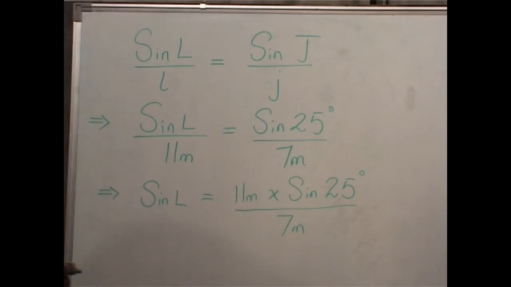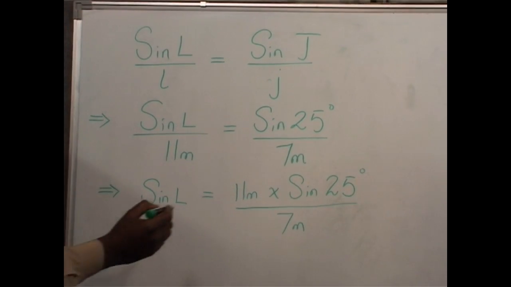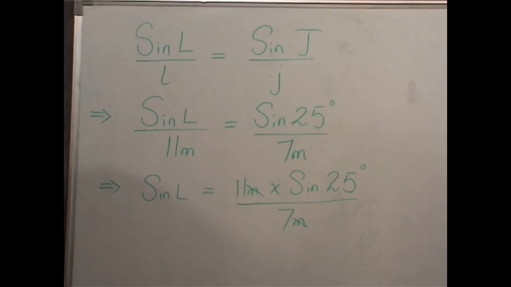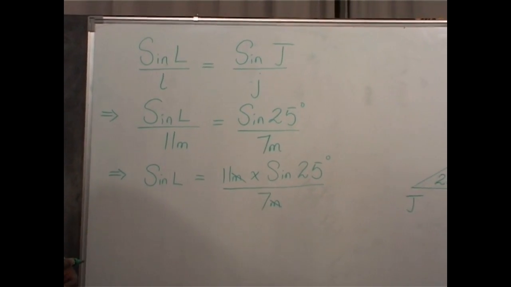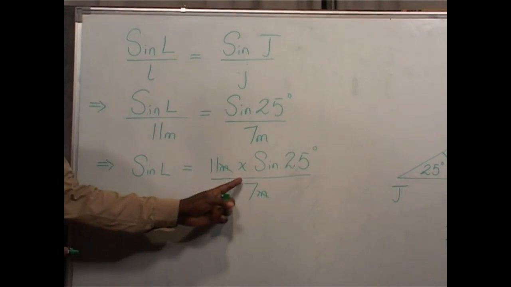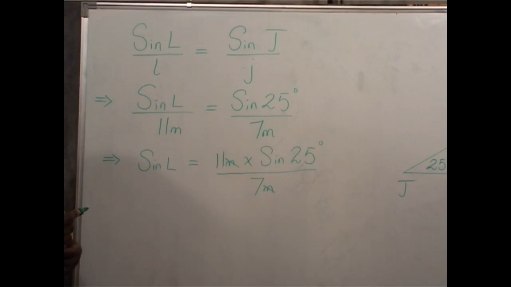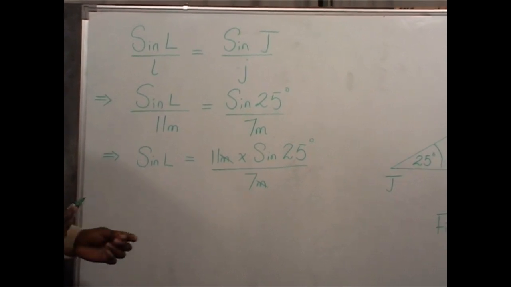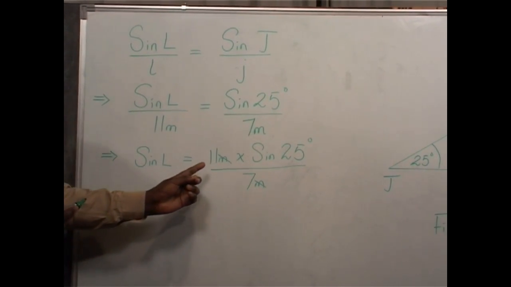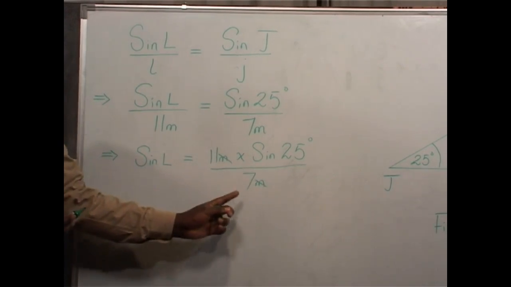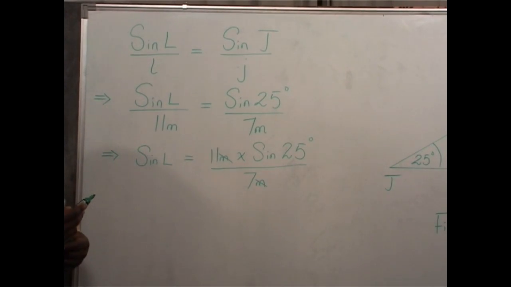And at this point, you realize that meters and meters will divide, leaving us with 11 multiplied by sine 25 divided by 7. At this point, I expected you to use your calculators to multiply 11 by sine 25 and divide by 7.